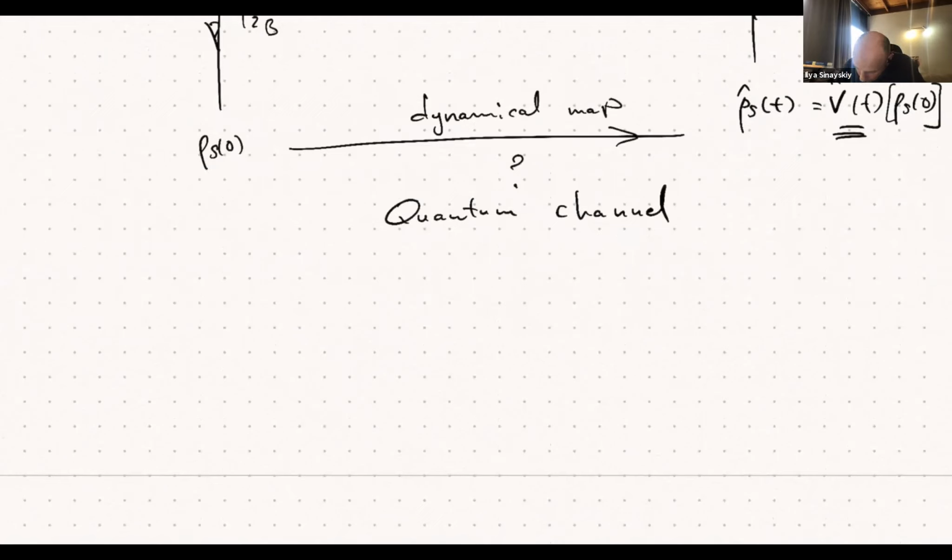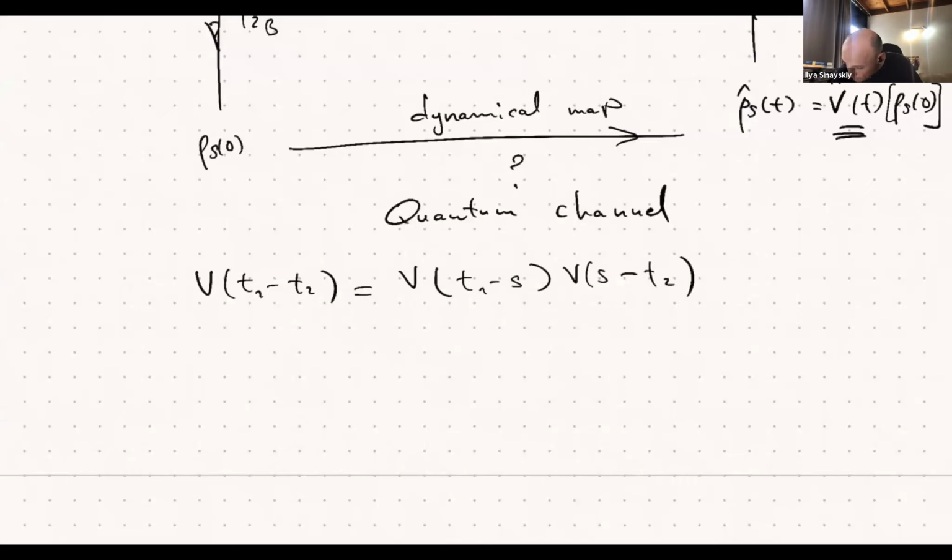So if it's one parameter, I need to write it like this: V(t1 - t2) can be written as V(t1 - s) V(s - t2) for all s which belong to the interval between t1 and t2.